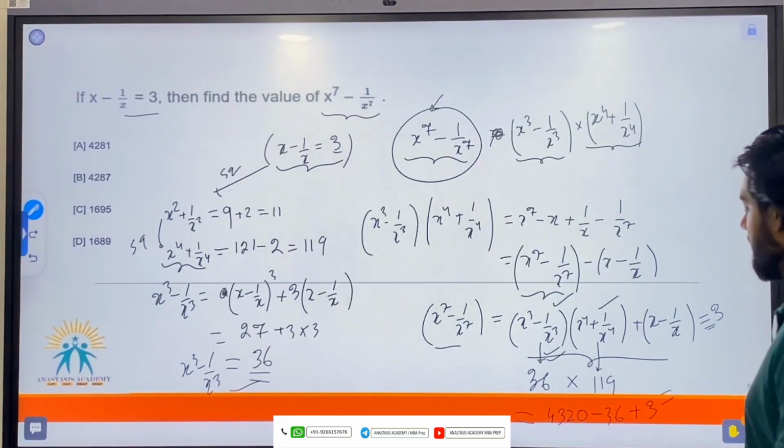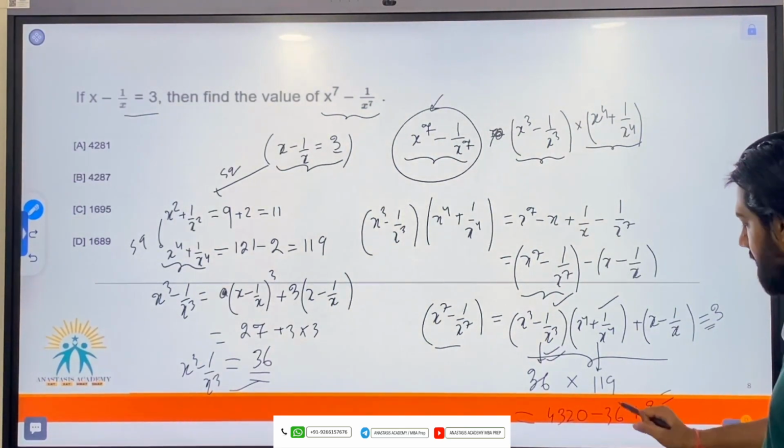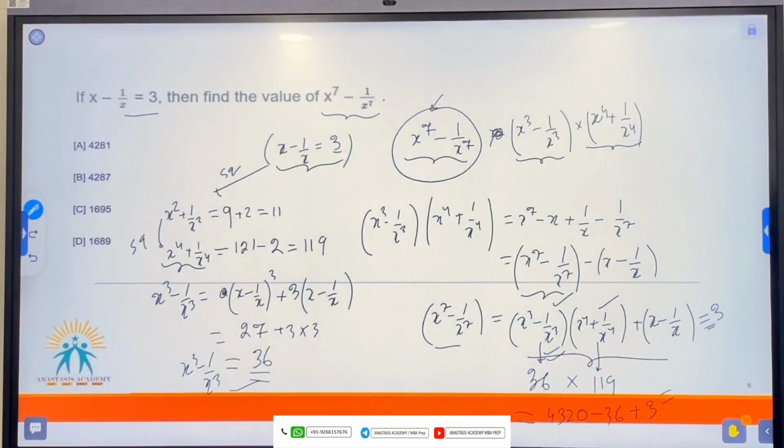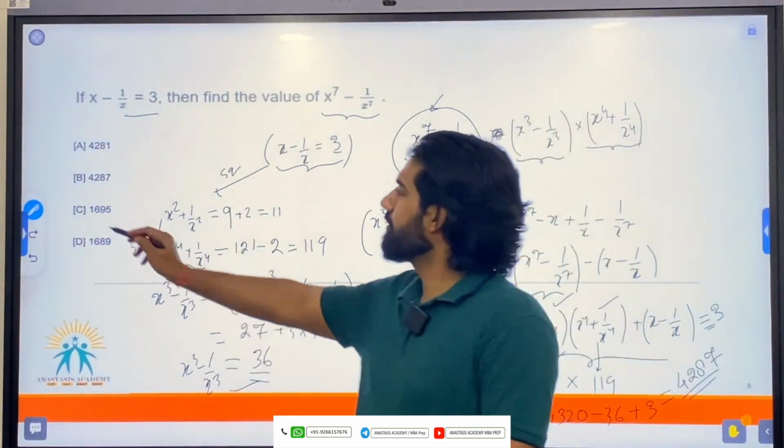So 4320 minus 36 becomes 4284, plus 3 becomes 4287. So the correct answer to this question is option B, 4287.